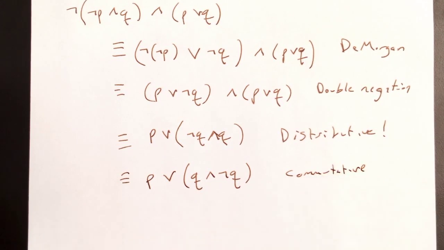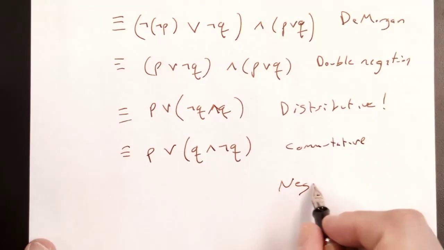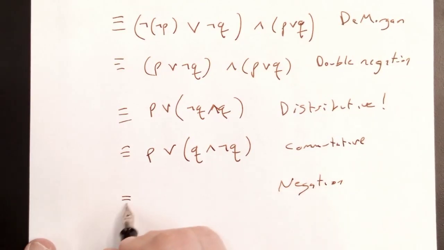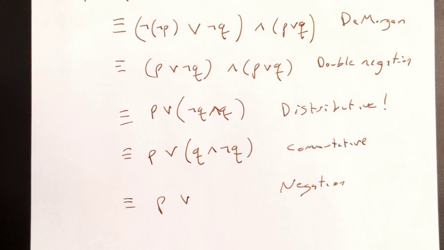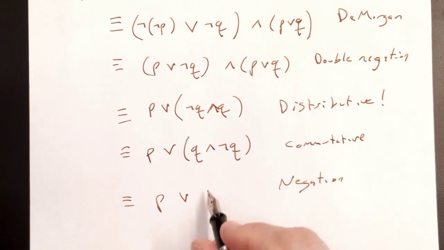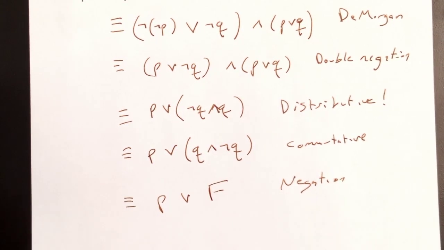And then by my negation law, what replaces that entire expression inside the parentheses? False. Now I go to the, what did they call them? Identities, absorption, something up at the top.